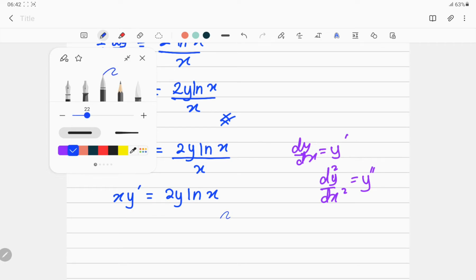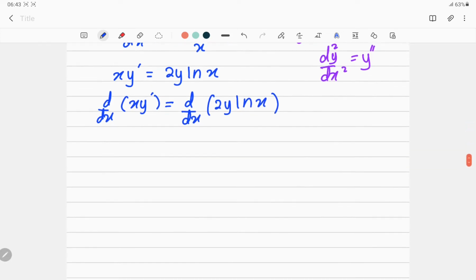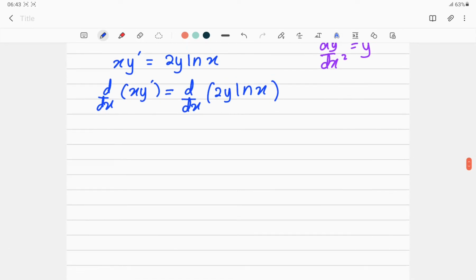Next, we have to differentiate both sides: d over dx for x y prime equal to d over dx for 2y ln x. We have to be very careful on how to do the derivative for both sides, following implicit differentiation.